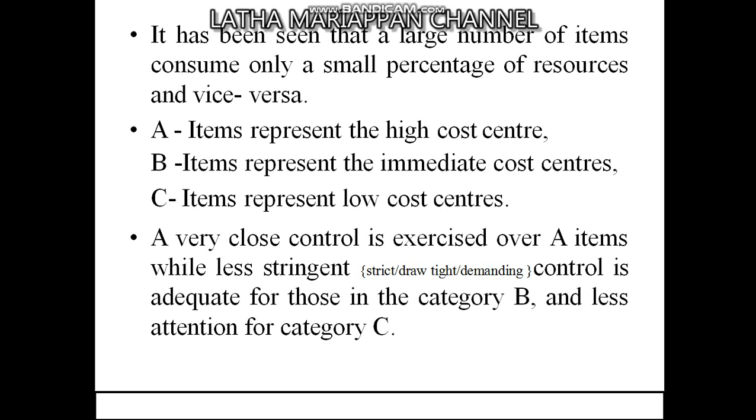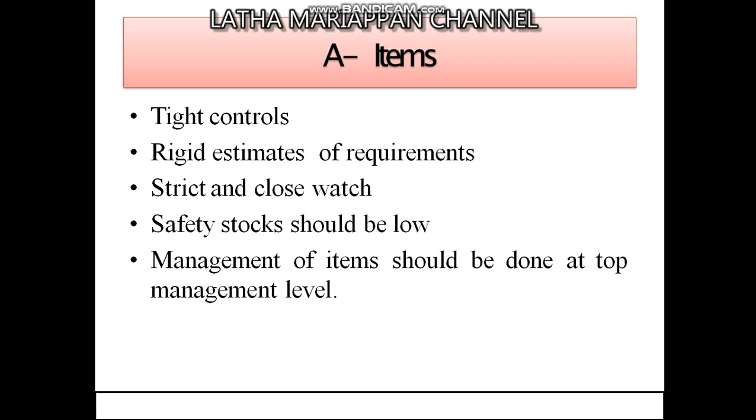It means very close control is exercised over A items, while less stringent, that is less strict, control is adequate for those in category B, and less attention for category C. So, you have to categorize in that way. What comes under A items, we will see.